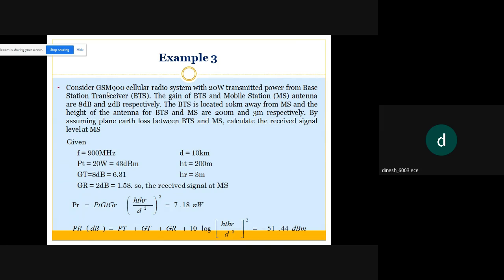So convert everything into dBm. 10 log to the base 10 of 20 watts divided by 1 milliwatt, on simplifying, we get 43 dBm. As we did in the earlier example, similarly find the gain of the transmitting antenna, which is 8 dB.